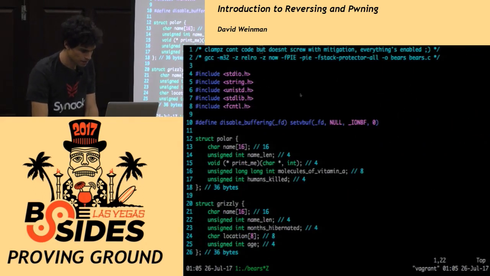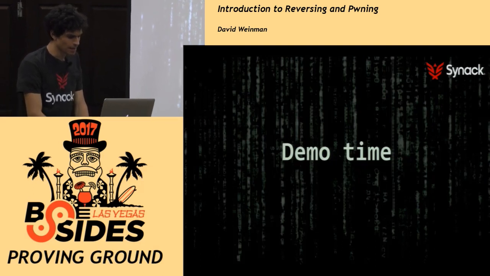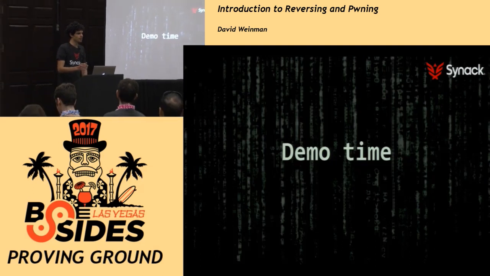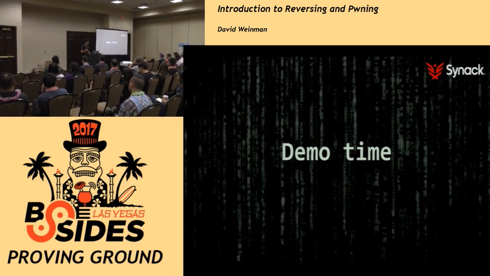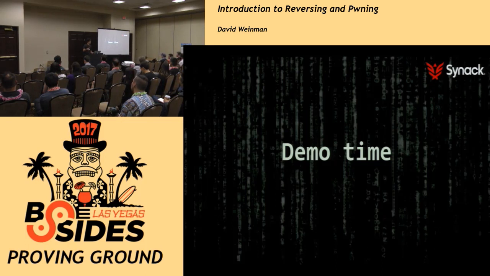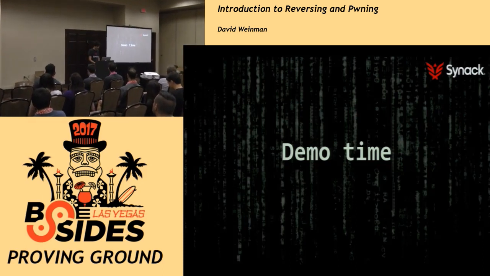So I've got a few questions for you guys. Again, you can respond with thumbs up or thumbs down. If a function isn't called in the main program, like we saw that the secret admin shell function is never referenced in the program, does it get compiled into the binary or not? Thumbs up for yes, thumbs down for no. All right, cool. It looks like we have people here who have seen this kind of thing before.